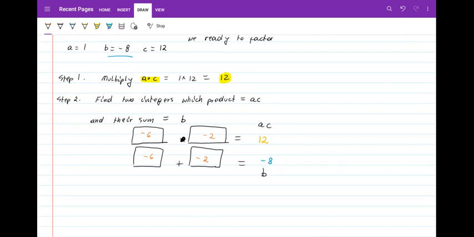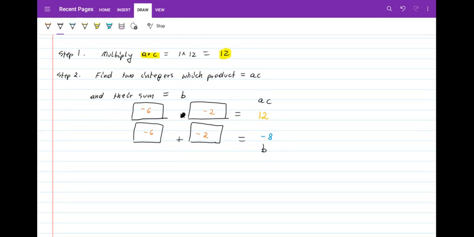So when you find those two integers, you're going to create two factors. So create two factors. That way, ax plus first integer times ax plus second integer.